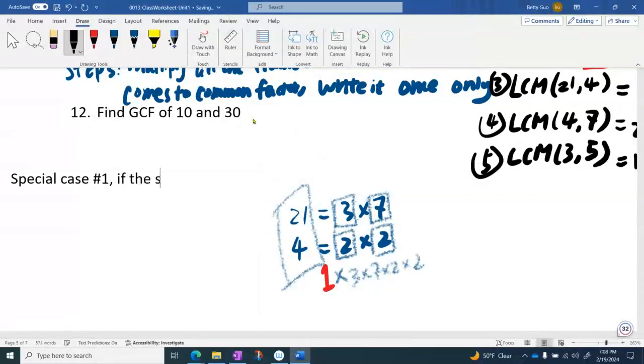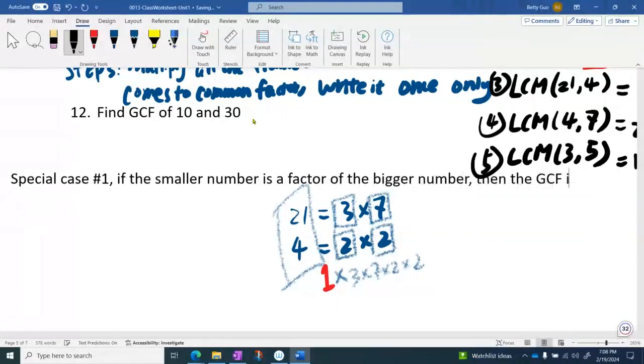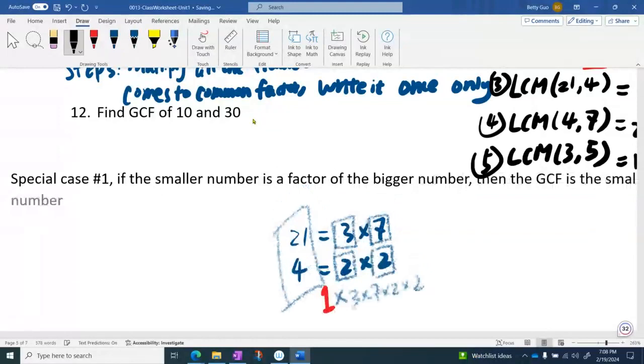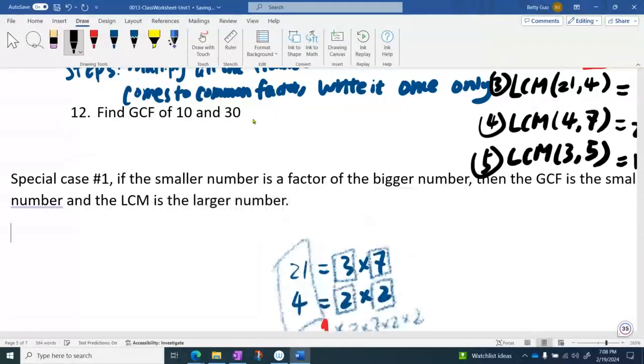If the smaller number is a factor of the bigger number, then the GCF is the smaller number, and the LCM is the bigger number, the larger number. That's special case number 1.